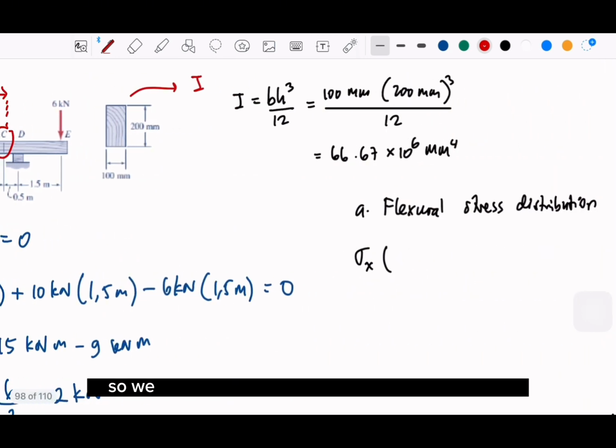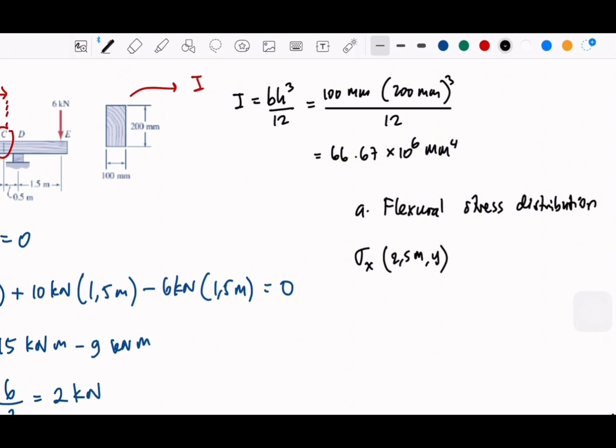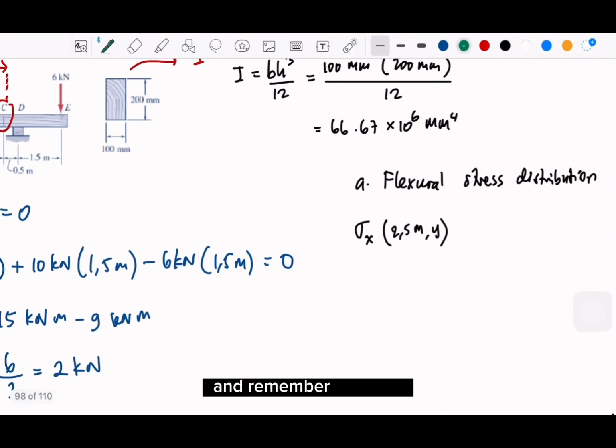So we could note the x is 2.5 and based on y, right? And remember that y, according to this picture, will be in millimeter.